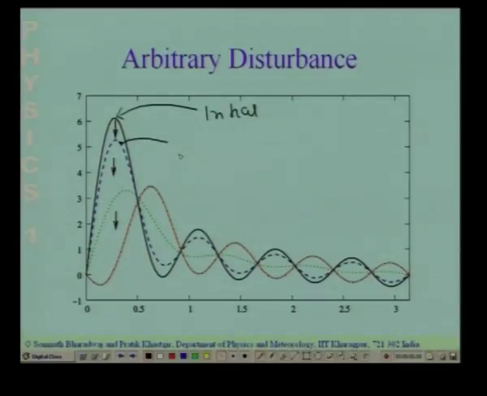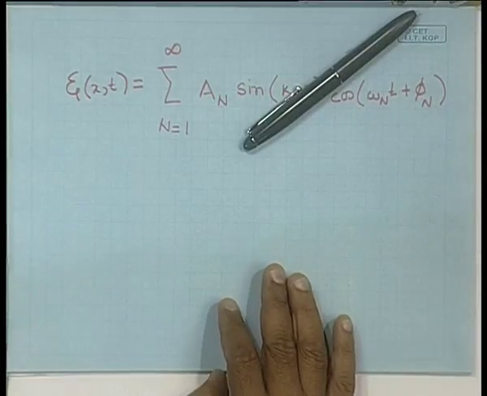You see the form has changed, and then this shows you the form of xi(x,t) at some even later time, and then this curve shows you the form at some even later time, and this whole pattern is going to change. It will evolve with time. You can see that the peak has shifted over here, and after some time it is going to repeat again.